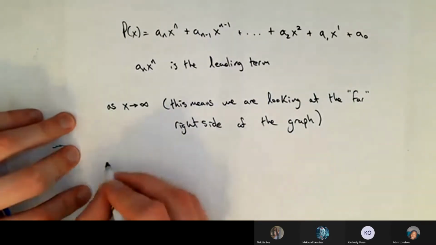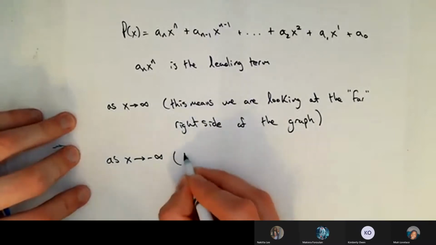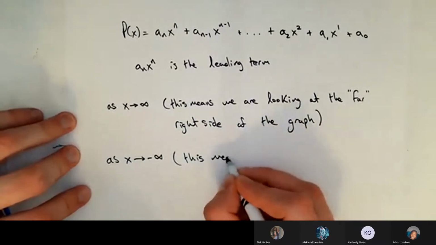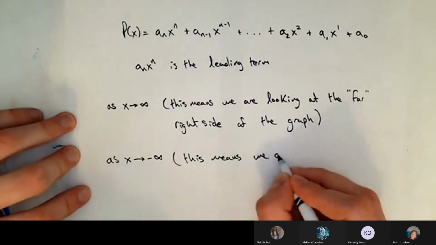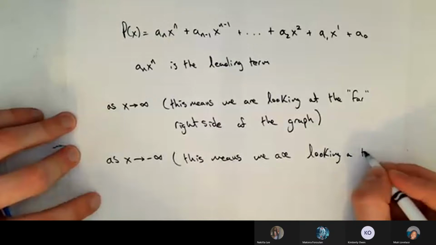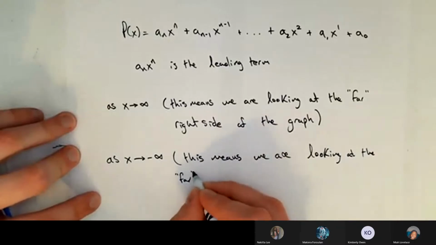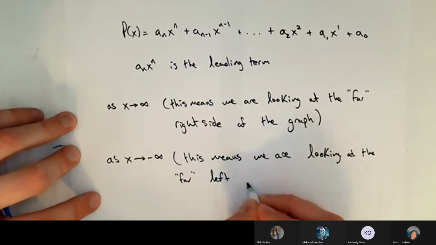And when I say as x tends to negative infinity, this means we are looking at the, quote, far left side of the graph.